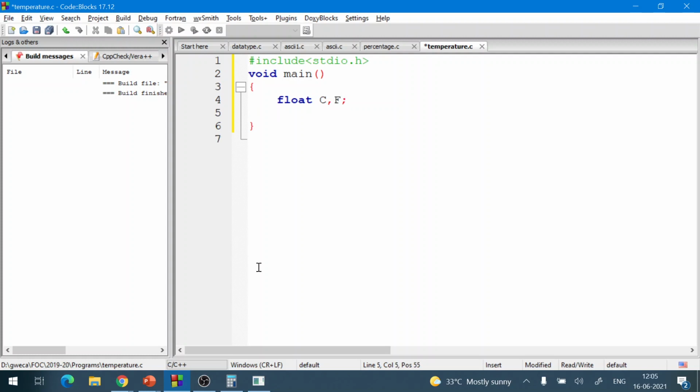Fine, so you can take input from the user. Inside printf let us print one message for the user: enter the temperature in Celsius.